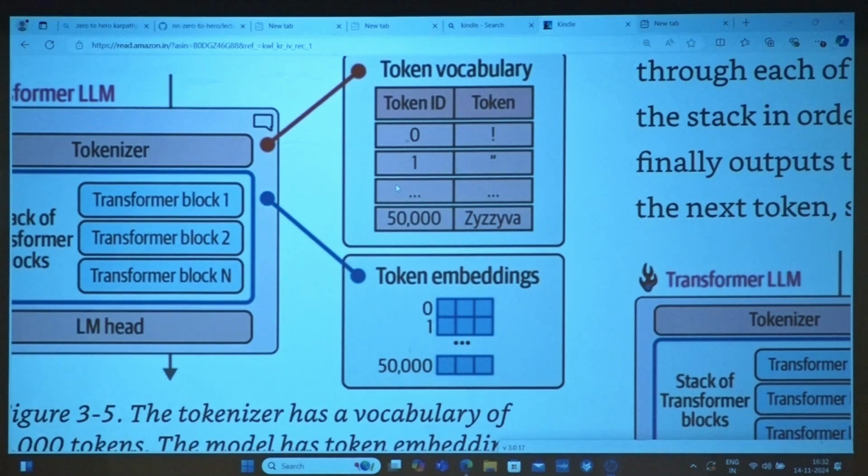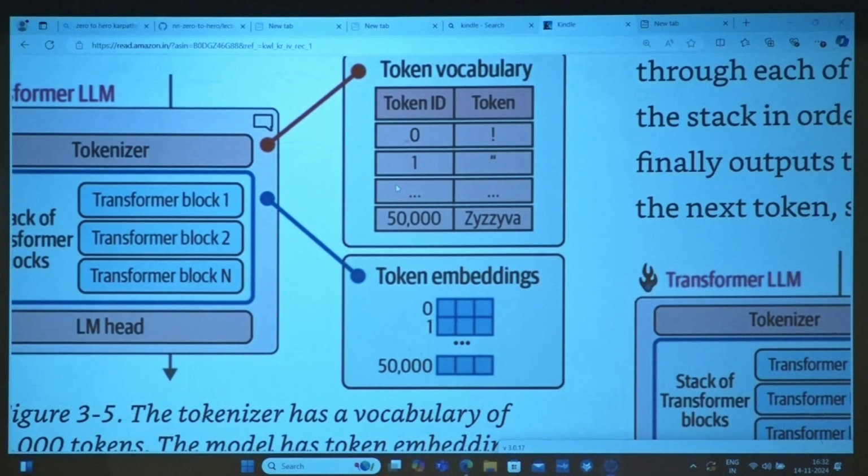Then there is a portion called embedding, where we convert that token ID into a vector. Are you seeing a vector next to that token? In the diagram, right hand side below. There is a vector corresponding to token 0, a vector corresponding to token 1, and so on up to token 50,000 or whatever the number may be.